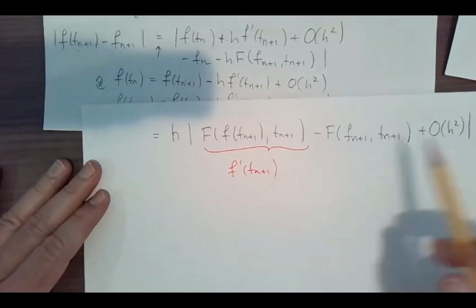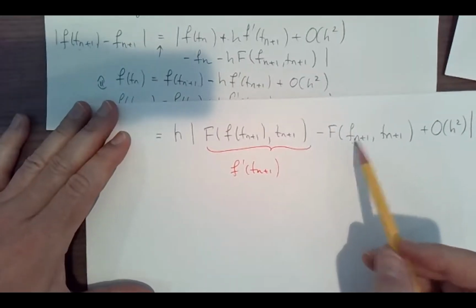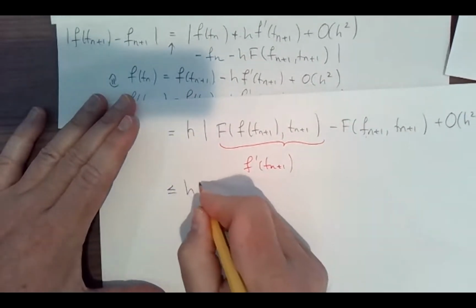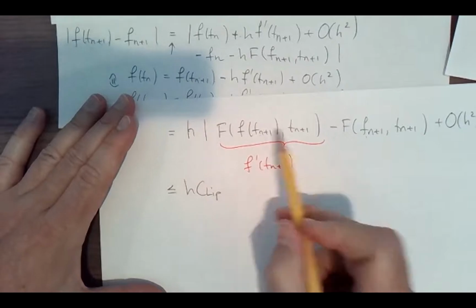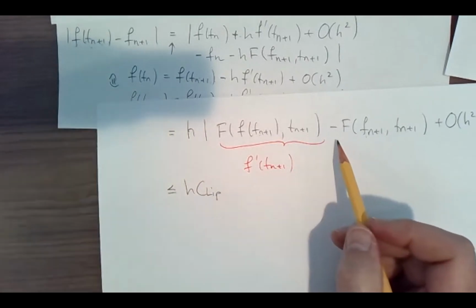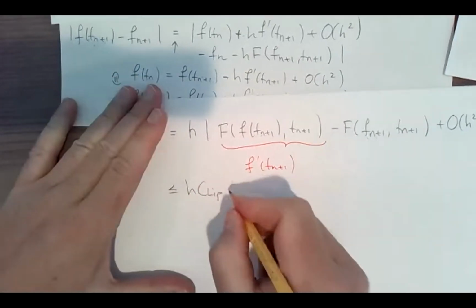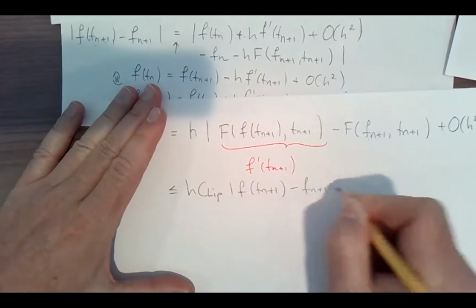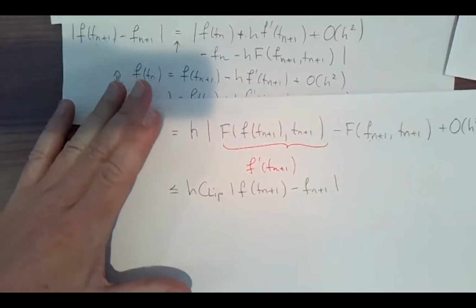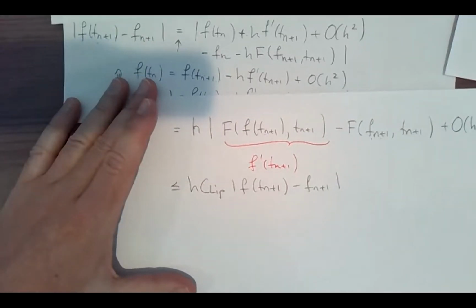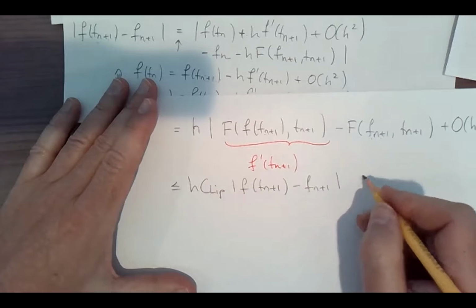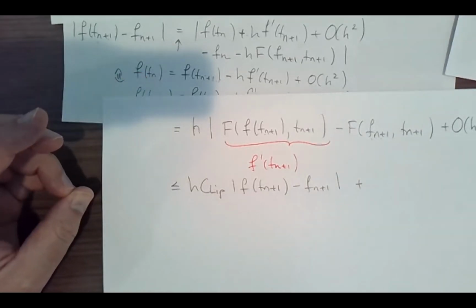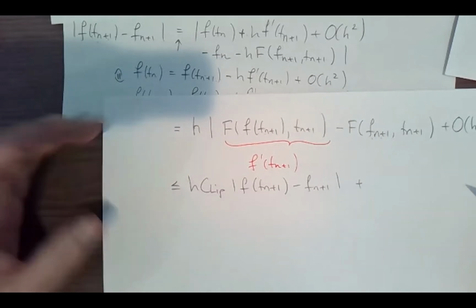And now comes the time where I'm using the Lipschitz property. This here is bounded by h, and then I need the Lipschitz constant. And then it's just going to be the difference between the two entry points. So f(t_{n+1}) minus the approximation f_{n+1}.